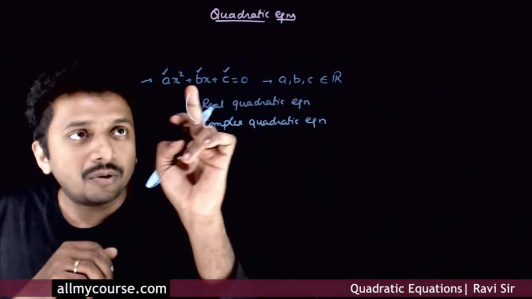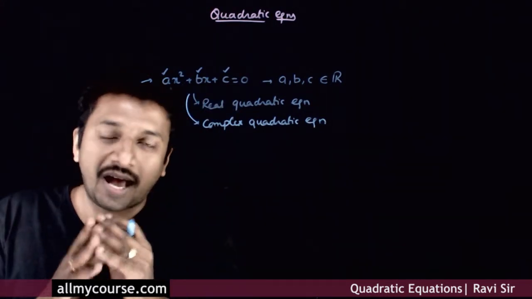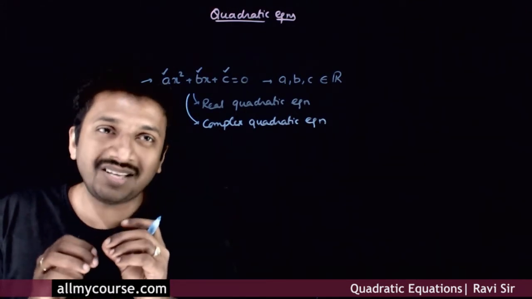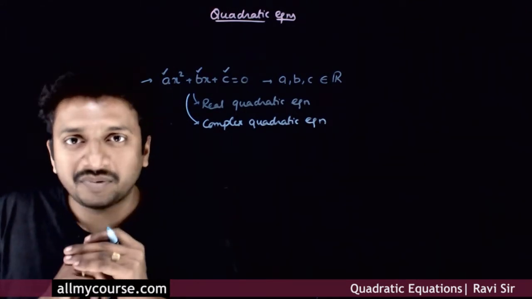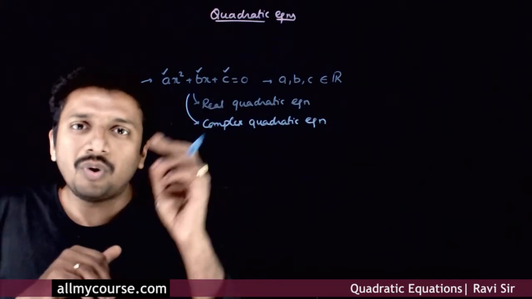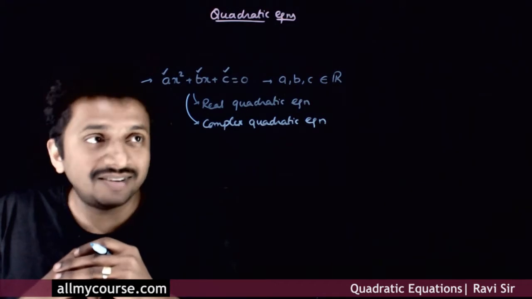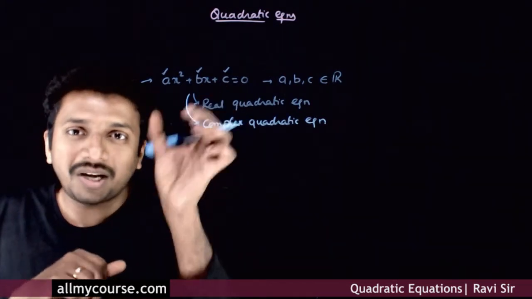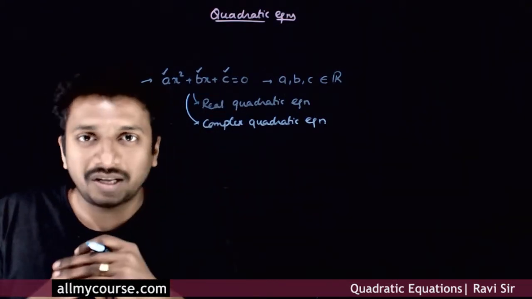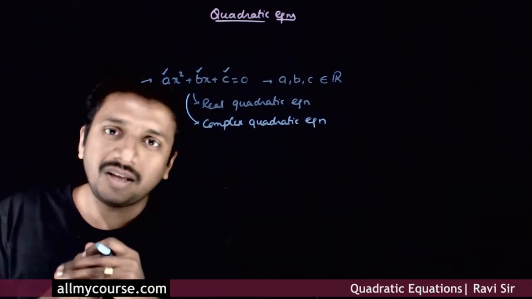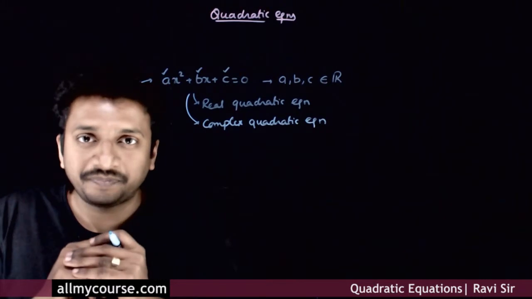So if all the coefficients a, b, c are real, we say that the quadratic equation is a real quadratic equation. If one or more of these coefficients are non-real complex, then we say that the quadratic equation is a complex quadratic equation. And unless otherwise mentioned, we deal with real quadratic equations in this chapter.